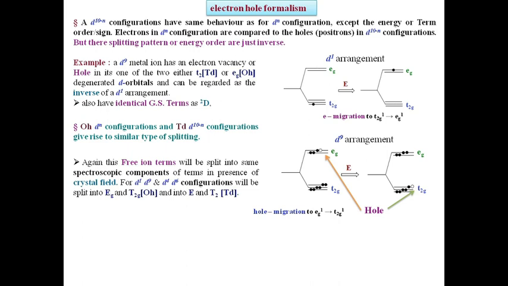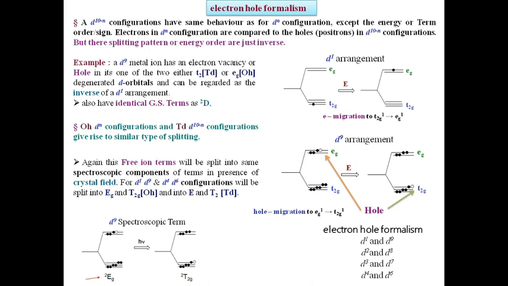For example, d1, d9 and d4, d6 configurations will be split into Eg and T2g in octahedral as well as E and T2 in tetrahedral field, and this type of splitting is shown here for d9 spectroscopic term. So from hole formalism phenomenon, we find some couples of configurations which show this type of behavior, like d1 and d9 system, d2 and d8 system, d3 and d7 system, d4 and d6 system, as well as d5 and d10 system.